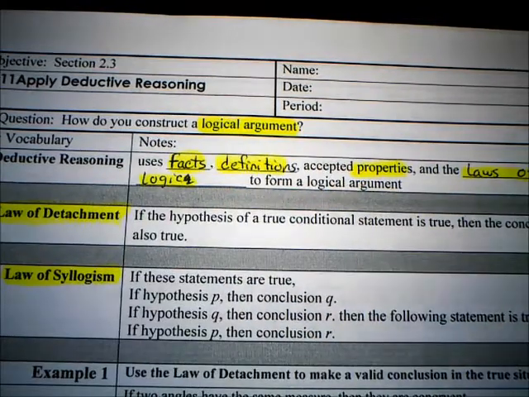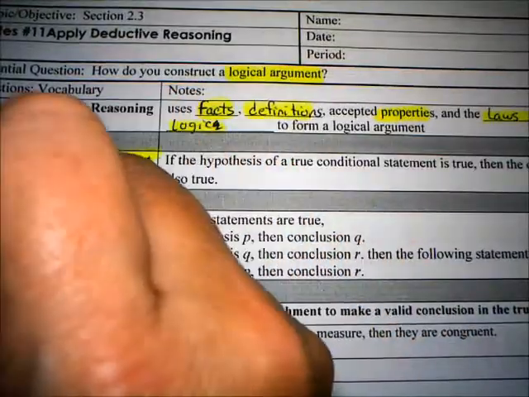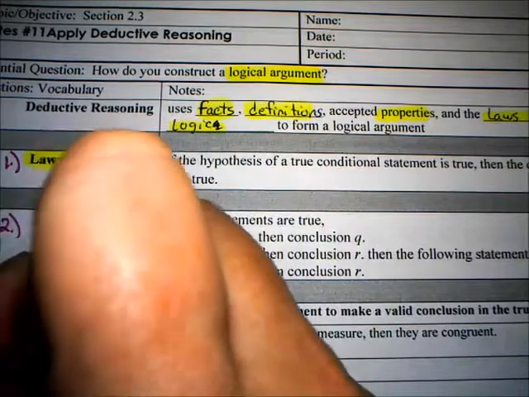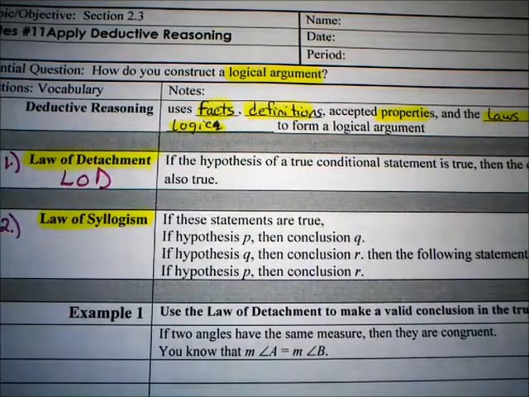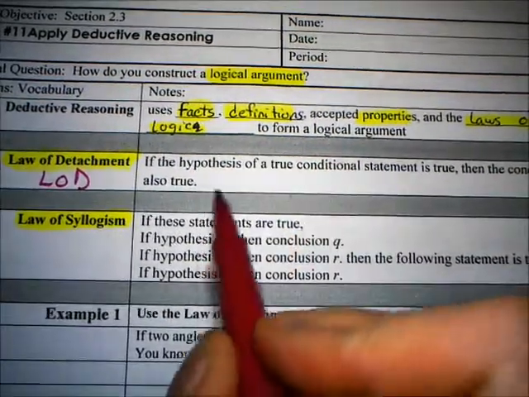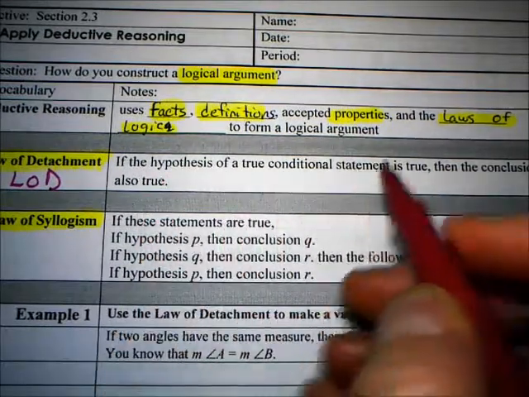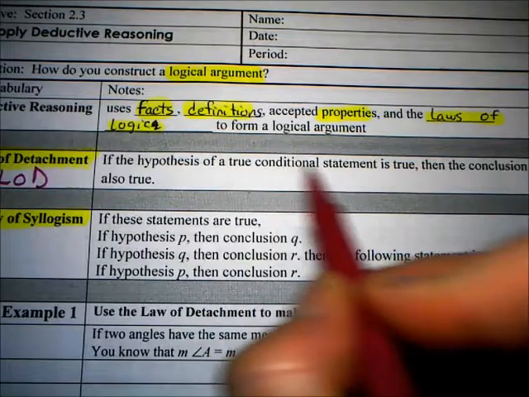The first one is the law of detachment, which a lot of times I'll call the LOD. The LOD says if the hypothesis is a true statement, or a true conditional statement, then the conclusion will also be true. So we have 2 truths taking place.